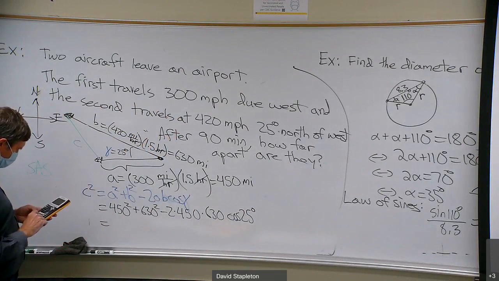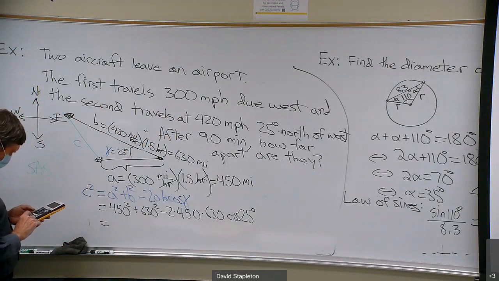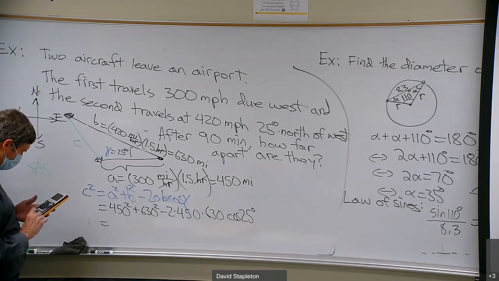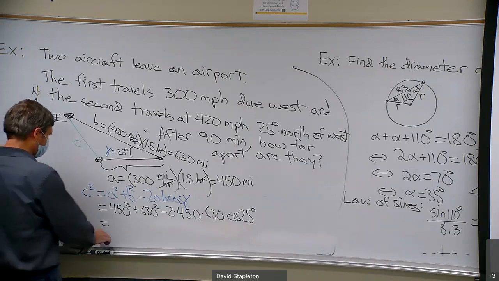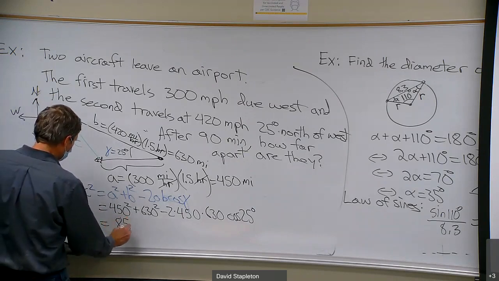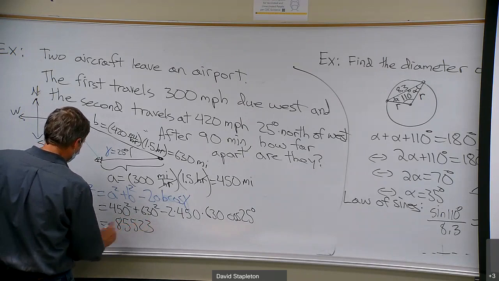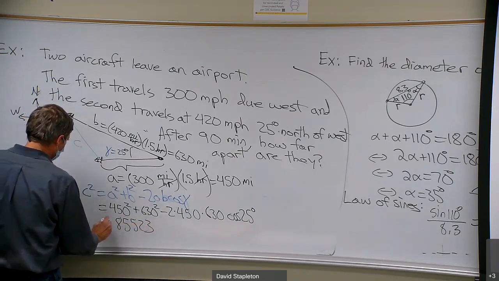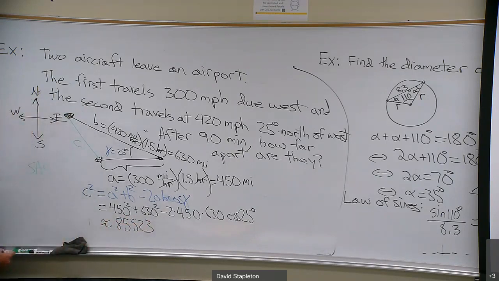So let's see, 450 squared plus 630 squared, minus 2 times 450 times 630 times cosine 25 degrees. It is the law of cosines. I get 85,523 point some other stuff. We'll just say approximately that many miles squared, to the nearest square mile.